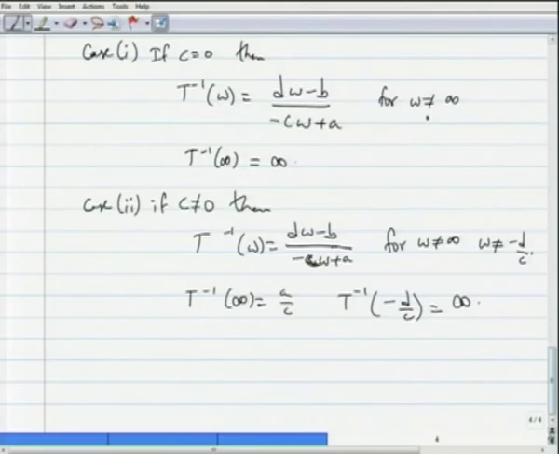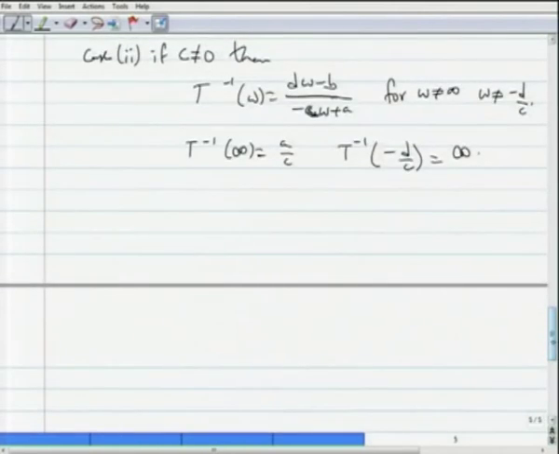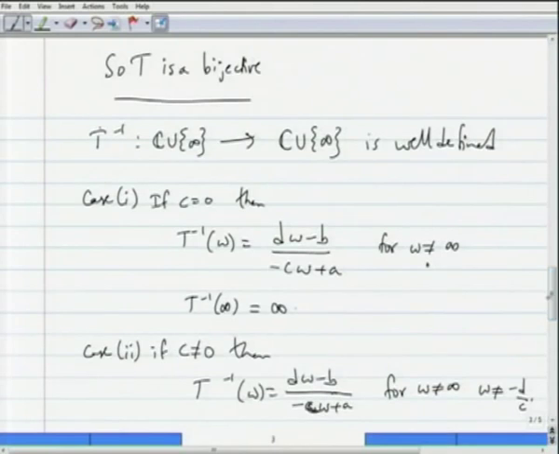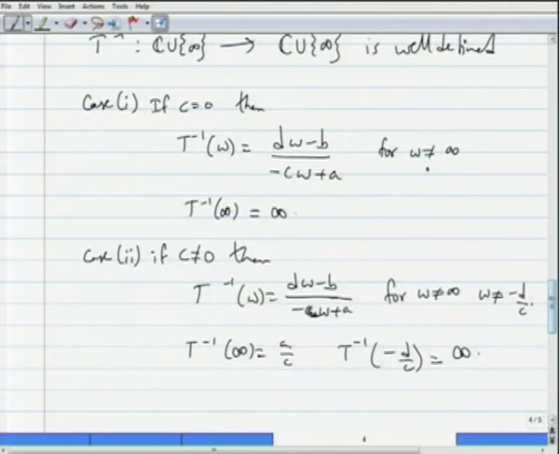Okay. So, we just write down the corresponding cases for T inverse. So, that is the formula we have for T inverse given T.